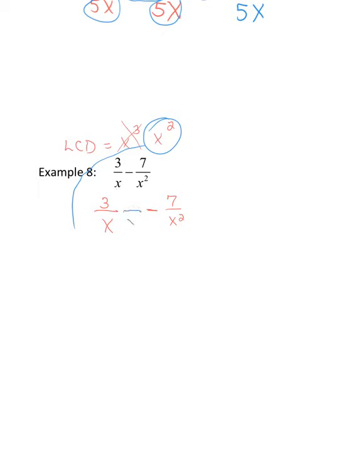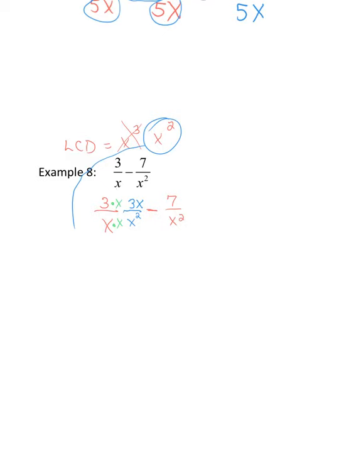I'm going to put it down over here and ask myself, what do I have to multiply my denominator in red by to get it up to x squared? I'll use green again. I have to multiply by x. And I need to compensate the top with the same thing. So that numerator on the top becomes 3 times x. And that denominator is that least common denominator of x squared.